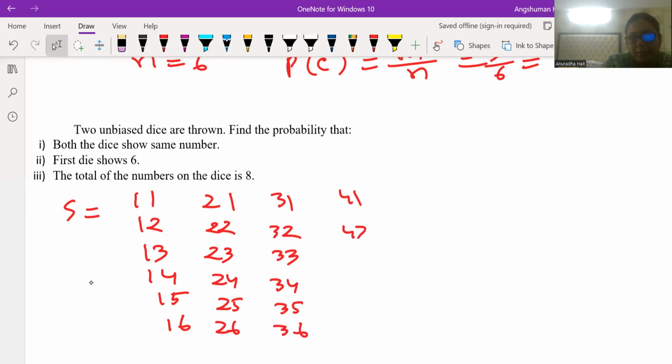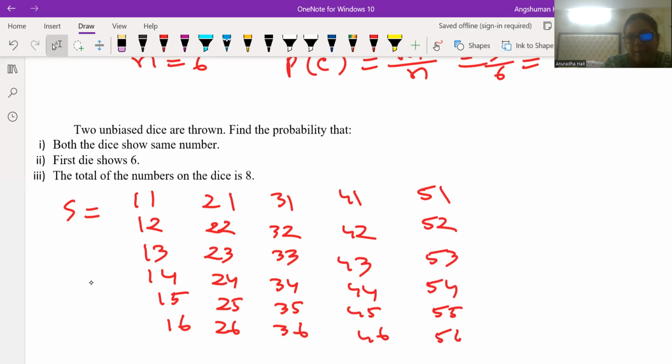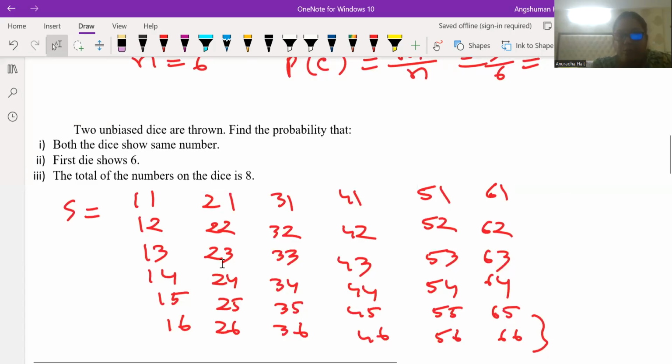Then I get 4,1 up to 4,6, 5,1, 5,2, 5,3, 5,4, 5,5, 5,6. Then 6,1, 6,2, 6,3, 6,4, 6,5, 6,6. We are not going to read it as eleven, twelve like that; we are going to say 1,1, 1,2. The first column is the number on the first dice and the second column is the number on the second dice. How many points are there? If you count, there are 36. So N equal to 36. The number of points in the sample space is denoted by N, which is equal to 36 here.